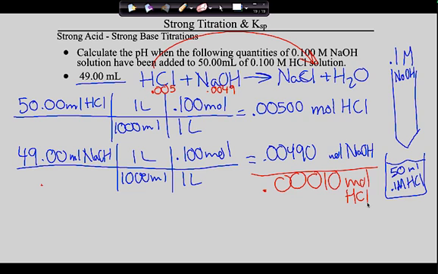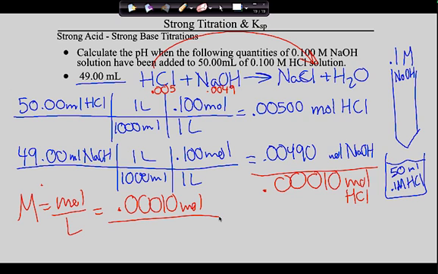Now we can turn that into a pH. How do we do it? Not take the negative log of that yet. What do we have to do to it first? Turn it into a molarity. Molarity is moles divided by liters. Our moles is 0.00010 moles. What's our volume? 99 milliliters converted to liters is 0.099 liters.